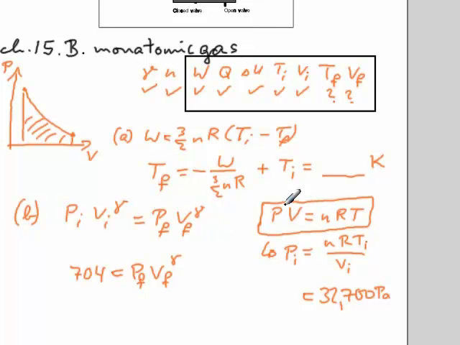And then I notice I actually do have to plug that in because I still have 2 unknowns here, and here I also have 2 unknowns with the final temperature given, so I'm going to plug this one in here anyway. So I'm going to have 704 equals, and getting rid of the pressure that I don't need, I'm going to say nRTf divided by Vf times Vf to the gamma.